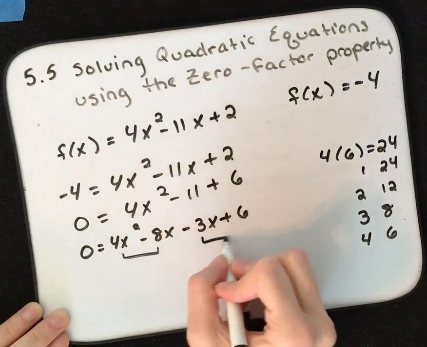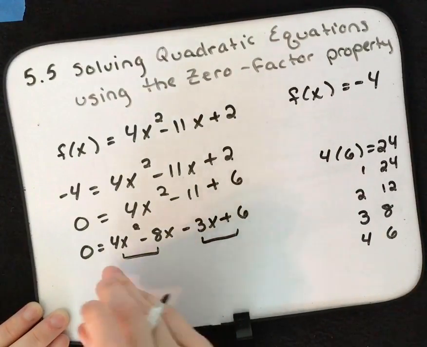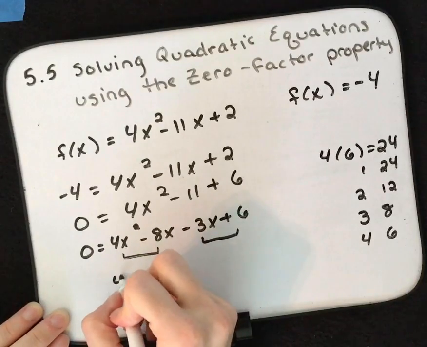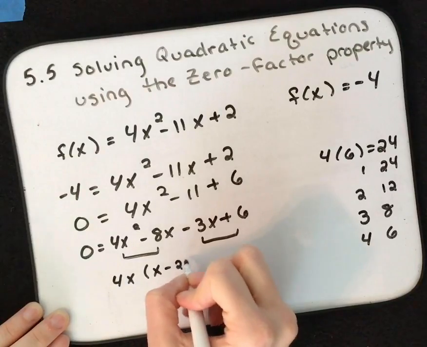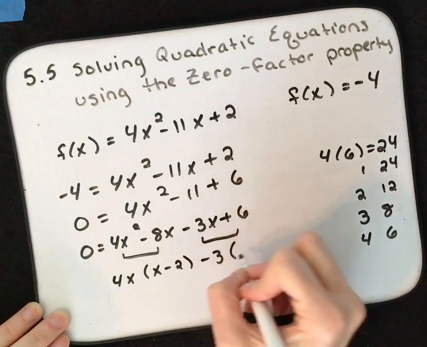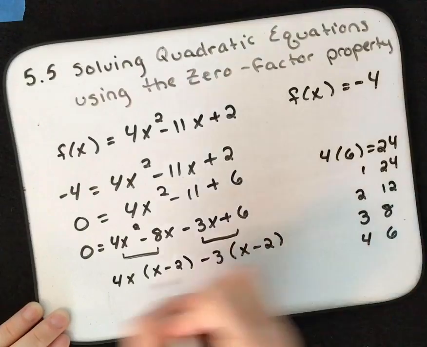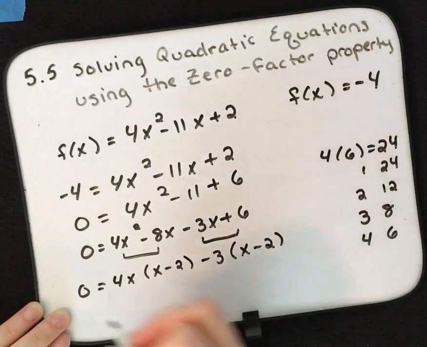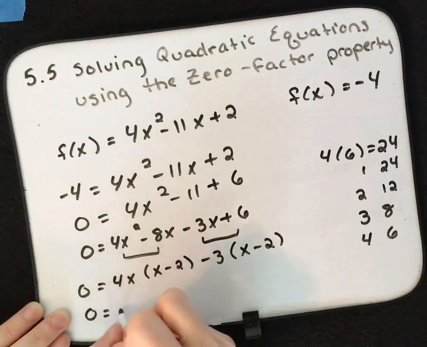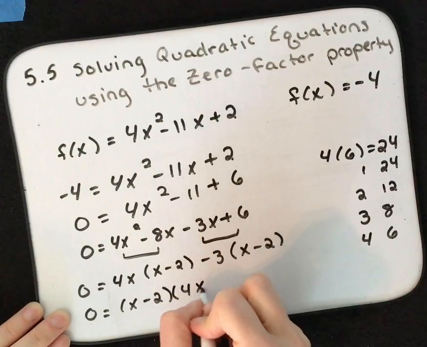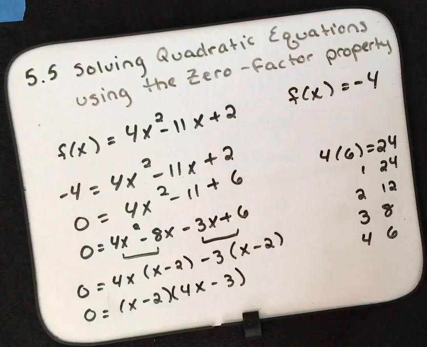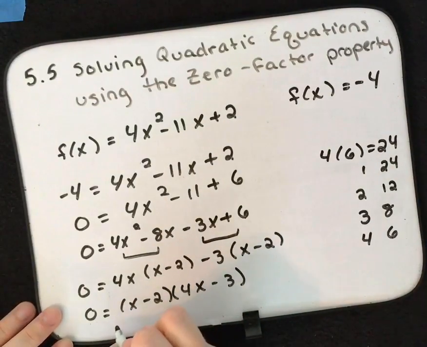Do our grouping, pull out what's in common, pull out what's in common, write what's left over, and then we can set each of our factors equal to 0.